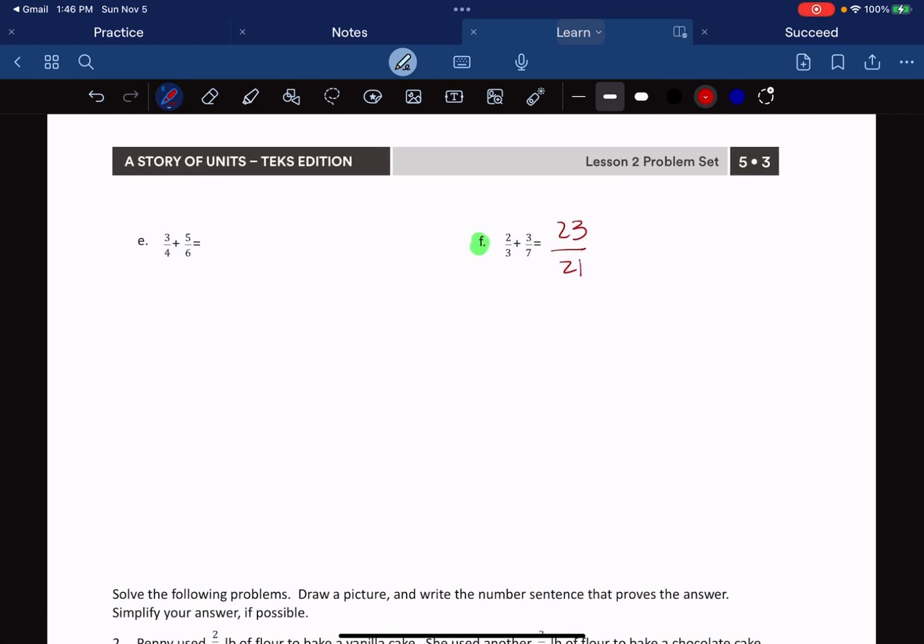So again, my numerator is larger than my denominator, so I do need to turn that into a mixed number. My denominator is 21. So to make a whole, I have 21, and then I need another 2 to get 23. So I get 1 and 2 out of 21 as my final answer there.